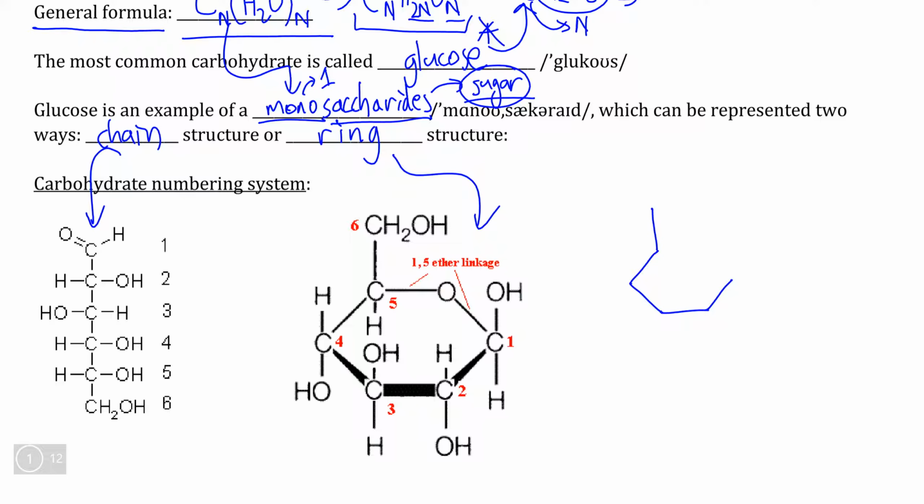Now, normally we would draw the ring structure as a full hexagon, except we see that there's an oxygen in the ring structure connecting carbon 5 here with carbon 1 like that. So now we have our primary ring with all of the carbons in here, and now we just need a recognizable pattern for the OH groups that we see.